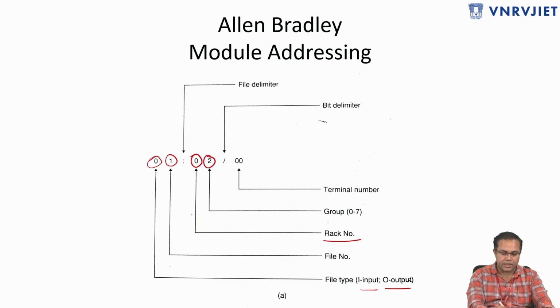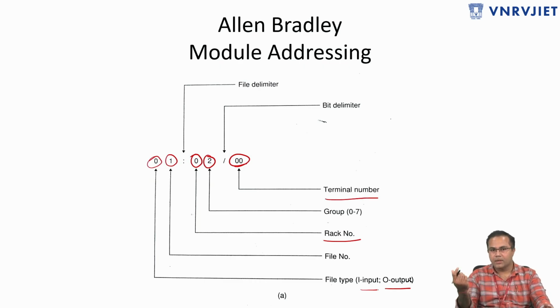Then the next digit is the group number. In each rack there are 0 to 7 groups, so the group the terminal belongs to is represented by this digit. The last digit is the terminal number. In each group there will be around 8 or 16 terminals available, so which terminal you are connecting is represented by this digit.